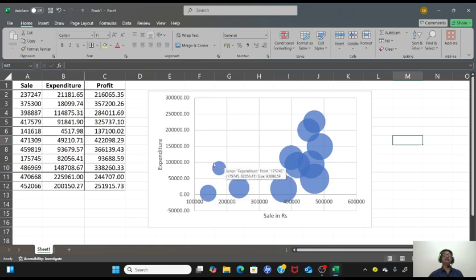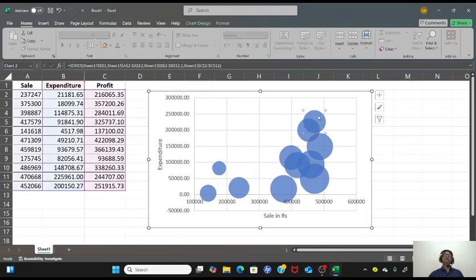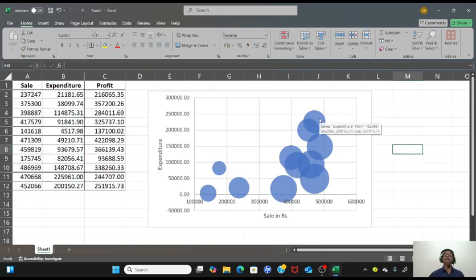Here expenditure is less. If a bubble goes up, it means expenditure is high. For example, this particular bubble, if you keep the mouse here, you will find it is 452066. So this particular company is here.